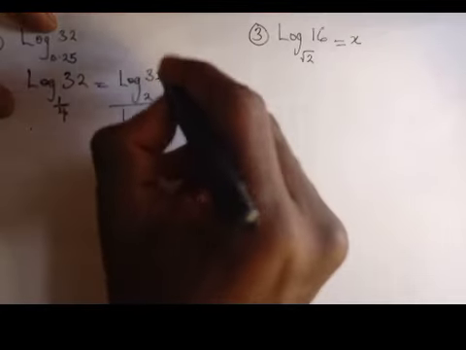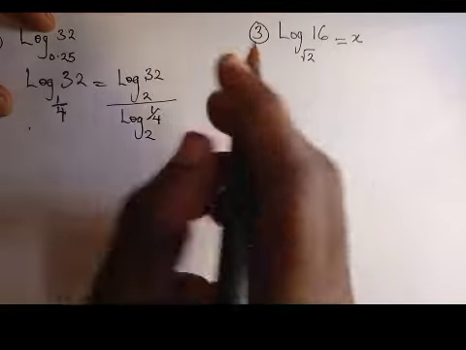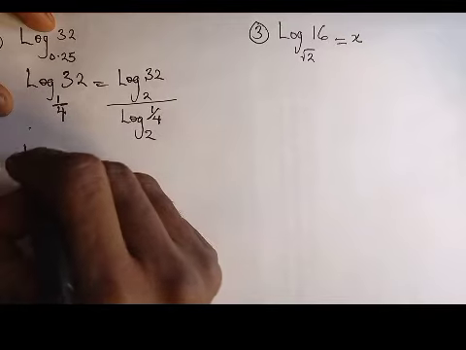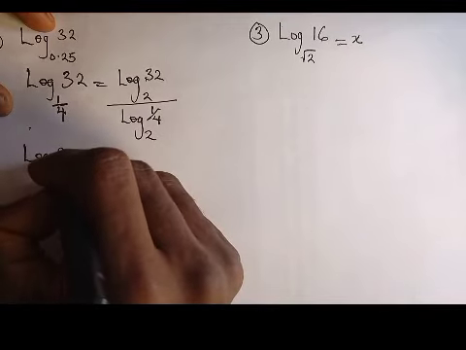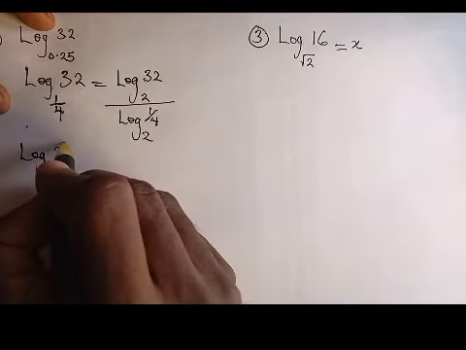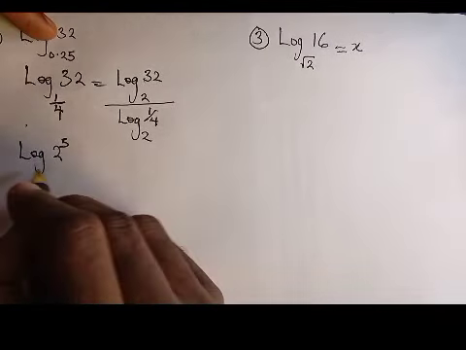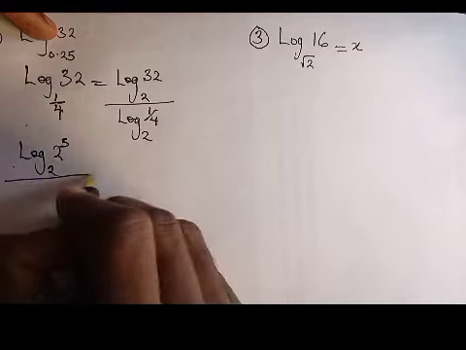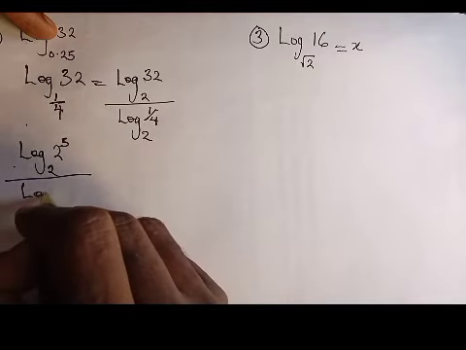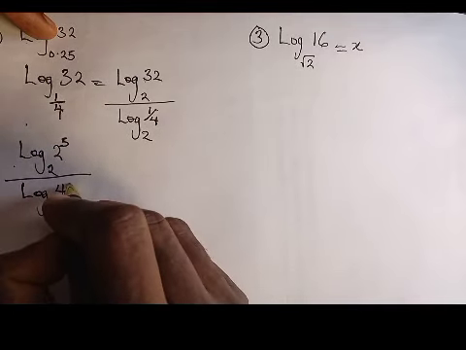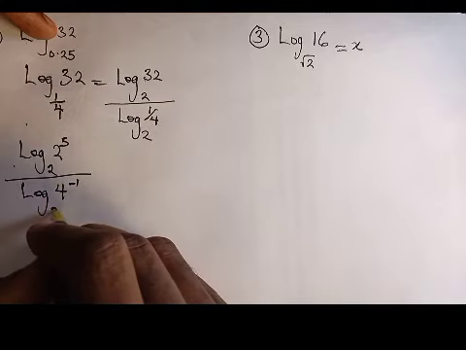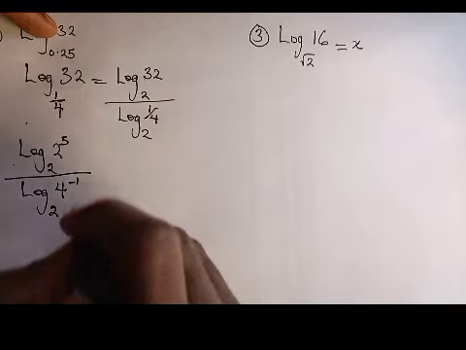Now, what do I do? This 32, I'm going to break it down. 32 is the same as 2 raised to power 5. So I'm going to write log 2 raised to power 5 in base 2 all over log, of course, this is 4 raised to power minus 1, if you remember the laws of indices that we treated.